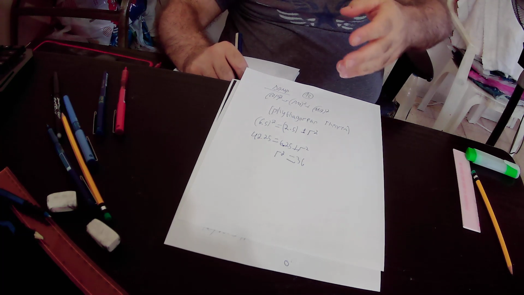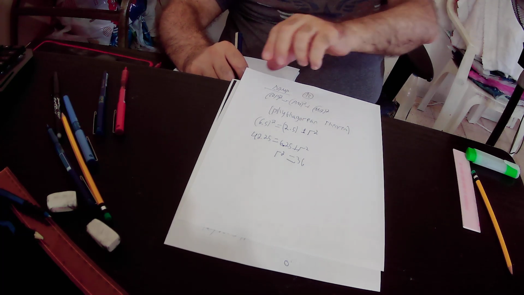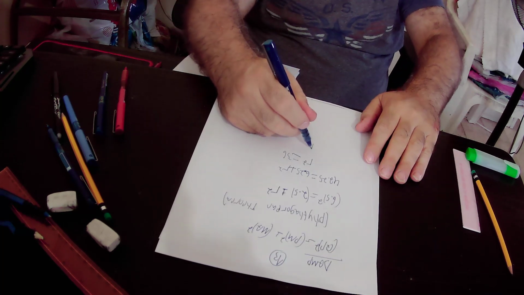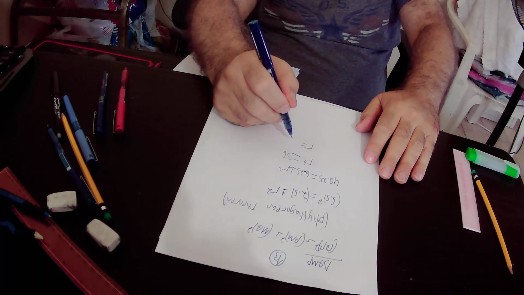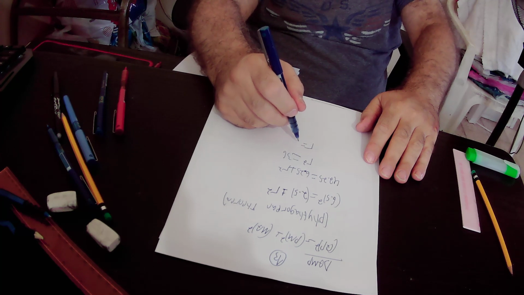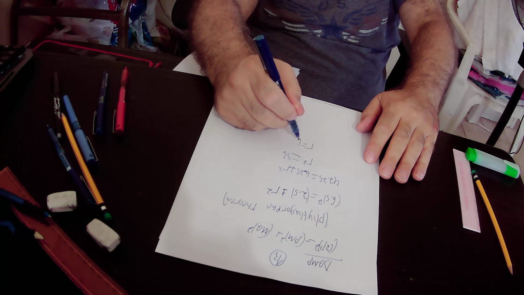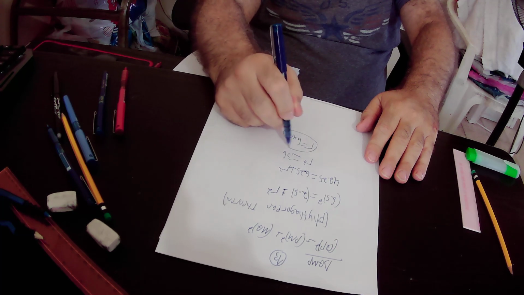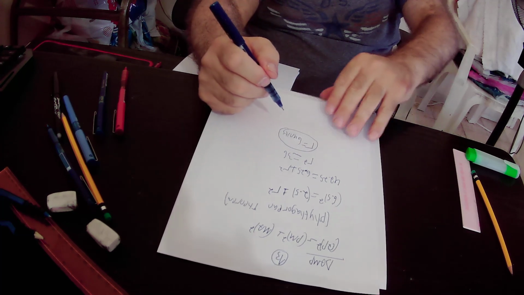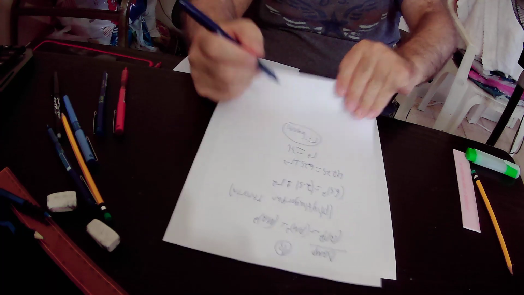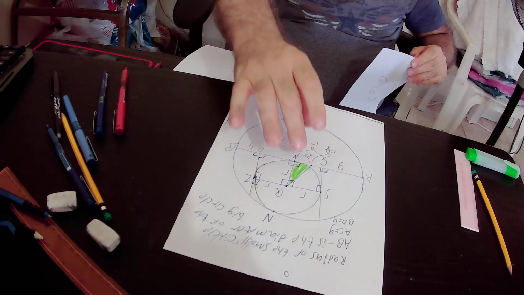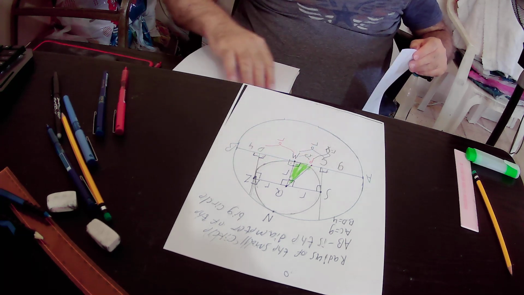We will take the root of this equality, and we will get that the radius of the small circle equals the root of 36, which equals 6 units. Okay, so the answer to the question is that the radius of the small circle equals 6 units.